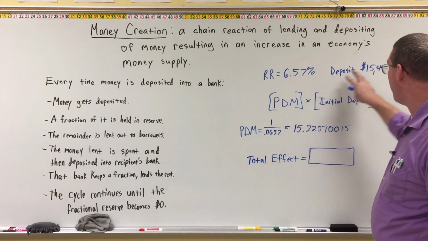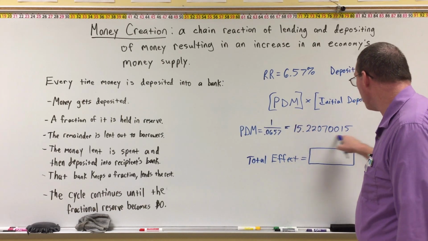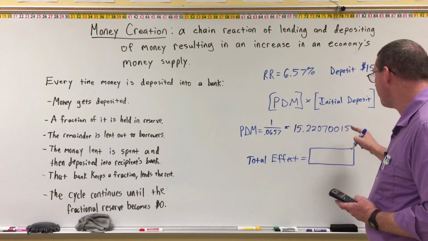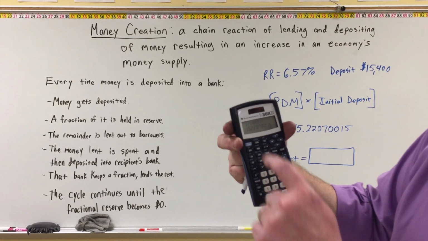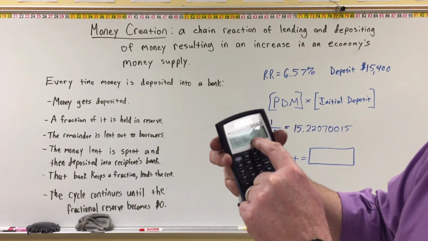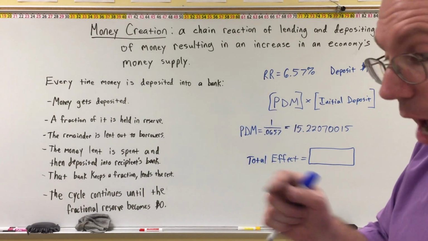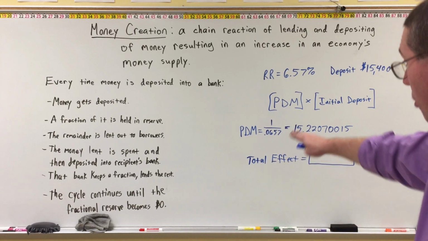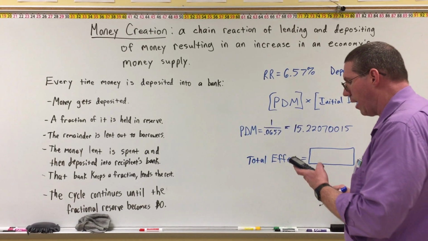So when we multiply by 15,400, we need to multiply this whole number, 15.22070015, times, it's already in my calculator, right? I can just hit times now. It's going to multiply that whole number times 15,400, and here's what I get.